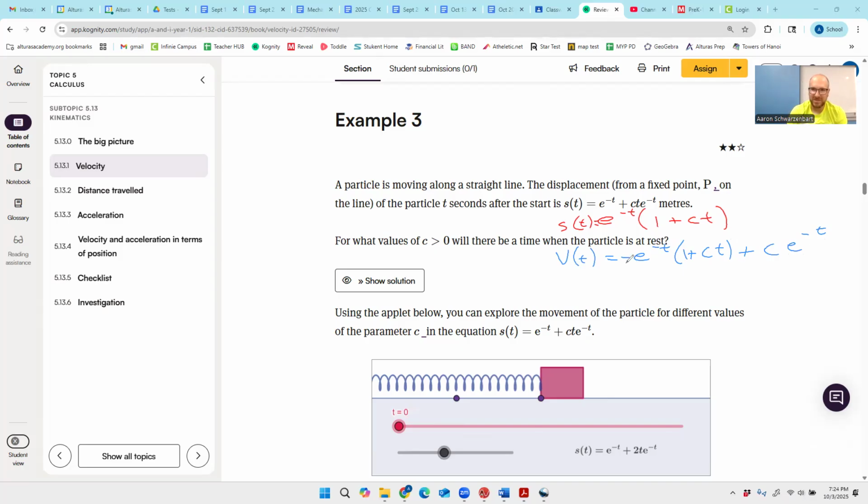I'm going to distribute this negative through to both of those. So I get e to the negative t, negative 1 minus ct, plus c e to the negative t. I can factor an e to the negative t out of these two things. I could distribute that and then factor it out, but I'm just skipping the distributing part.